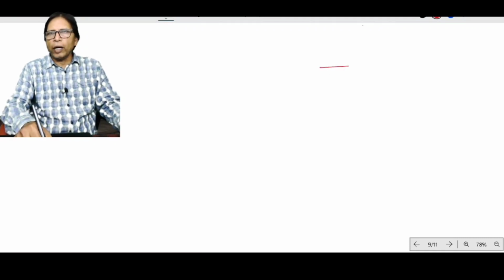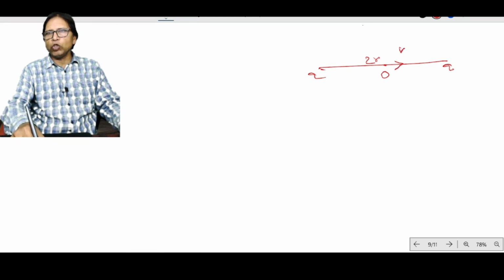Now suppose this is a line. The two charges Q and Q are placed at a separation of 2r. We have to calculate the magnitude of electric field at the midpoint O. Due to this charge, electric field is directed along this direction, and its magnitude is kQ by r square.